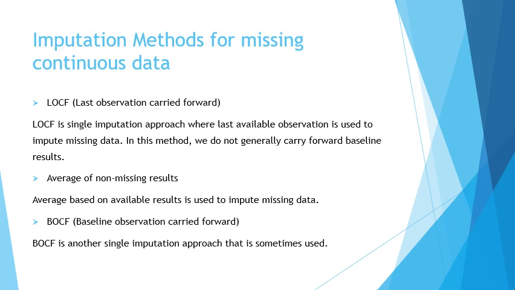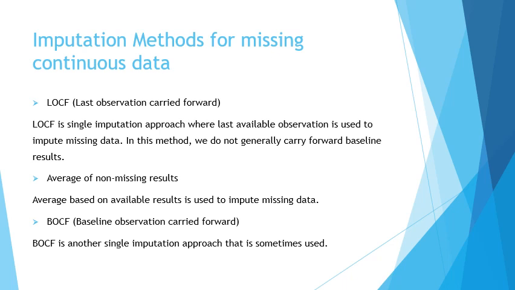These are the three traditional techniques which we generally use for handling missing values in case of continuous data. One is LOCF, last observation carry forward, where we impute missing data with the last non-missing available results.